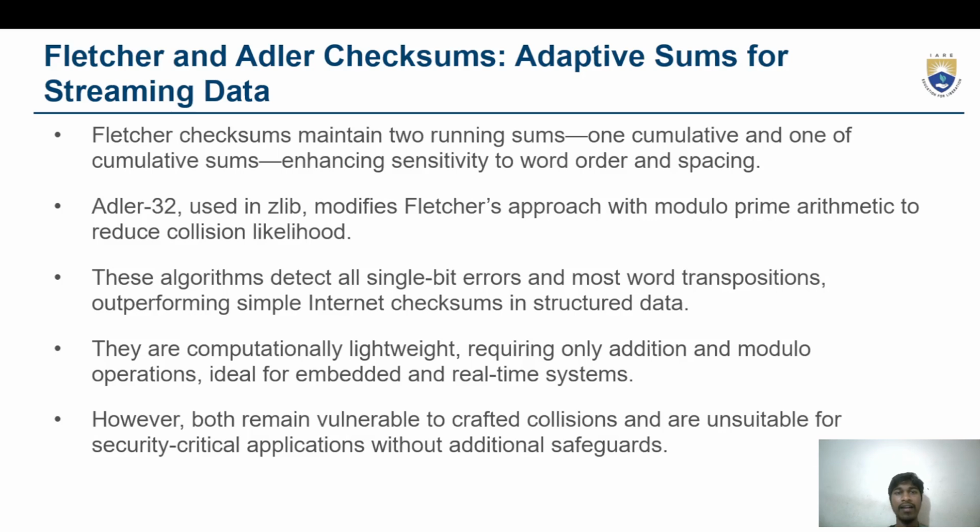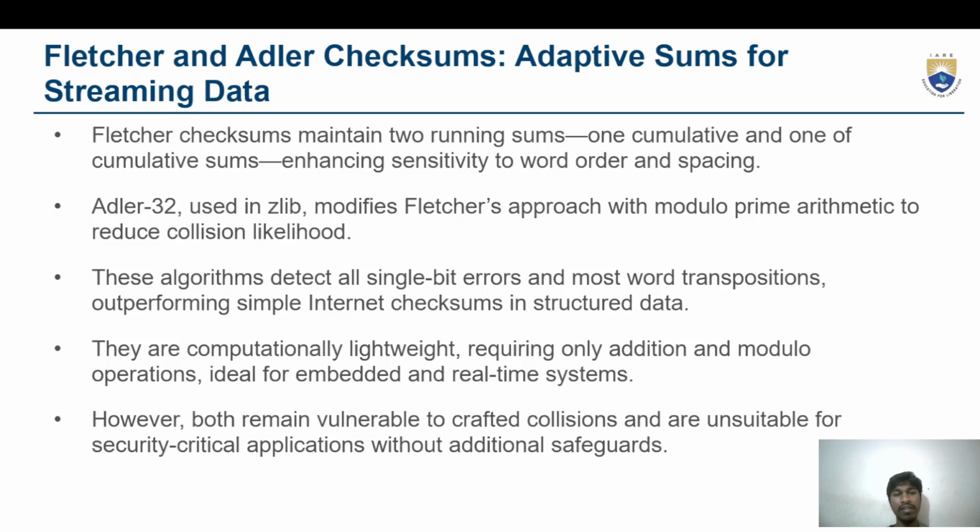Fletcher and Adler checksums: adaptive sums for streaming data. Fletcher checksums maintain two running sums, one cumulative and one of cumulative sums, enhancing sensitivity to word ordering and spacing. Adler-32, used in zlib, modifies Fletcher's approach with modulo prime arithmetic to reduce collision likelihood.